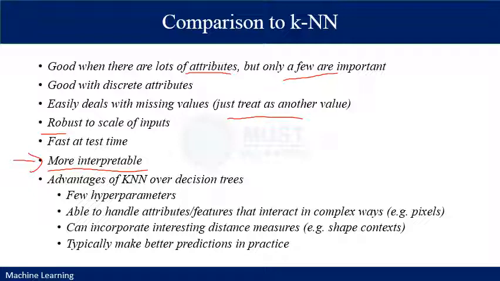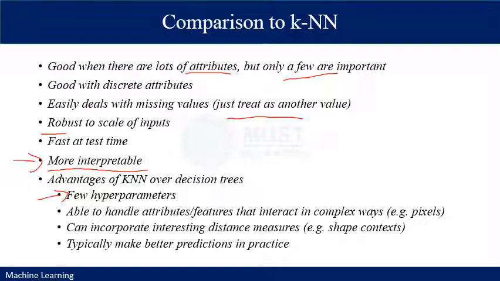However, KNN also has some advantages over decision trees because KNN has fewer hyperparameters. As you remember, there is only one hyperparameter in nearest neighbor, which is how to calculate the distance between examples. However, in decision trees, you have to control the number of leaf nodes, the depth of the tree, and other relevant parameters.